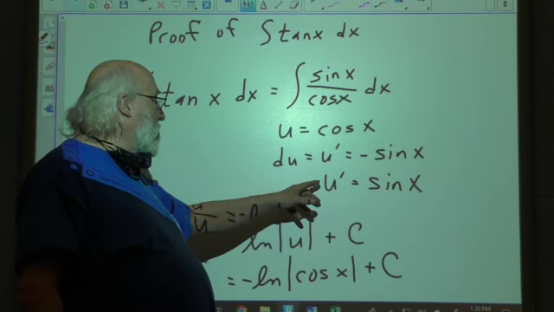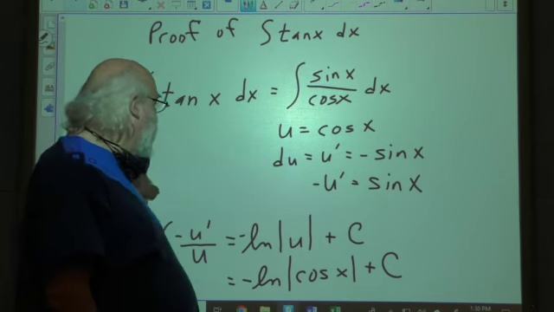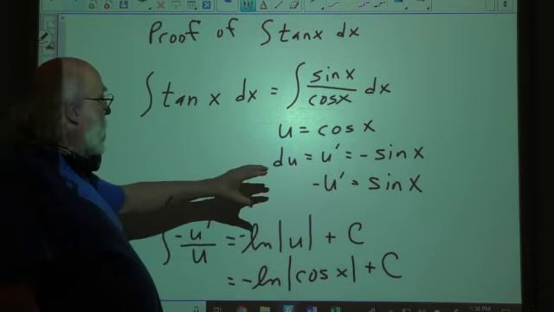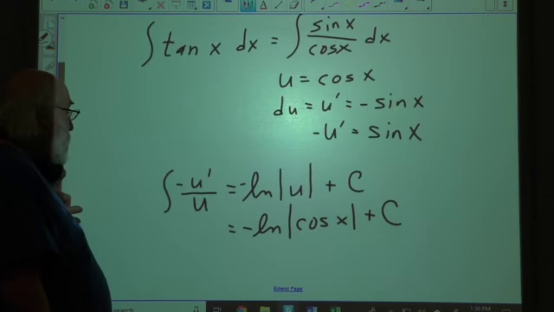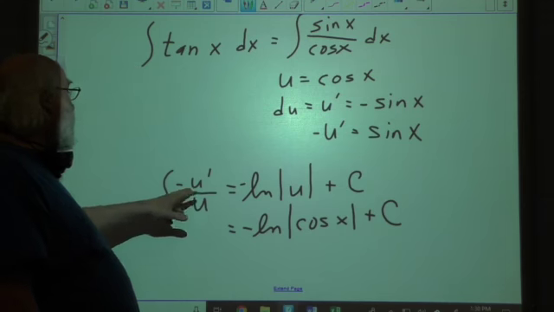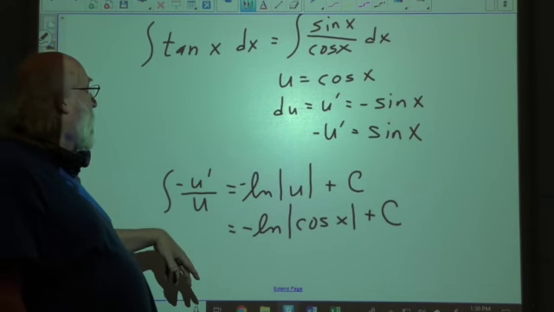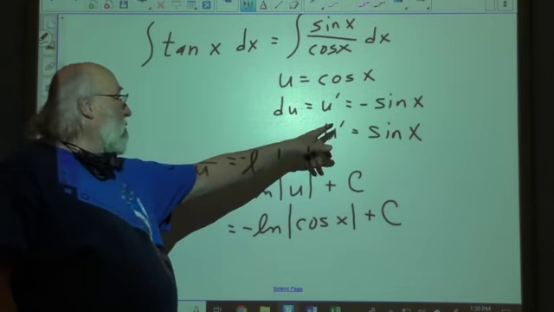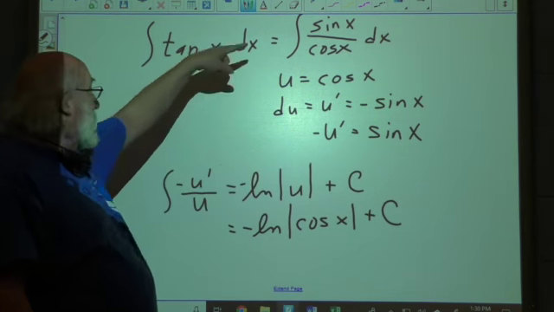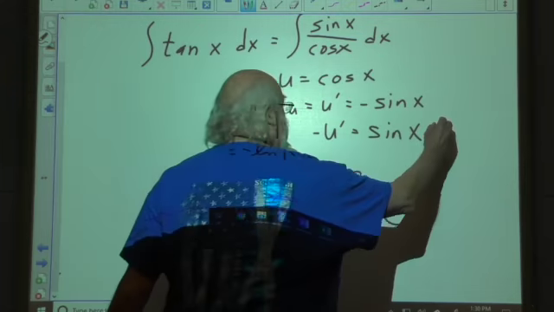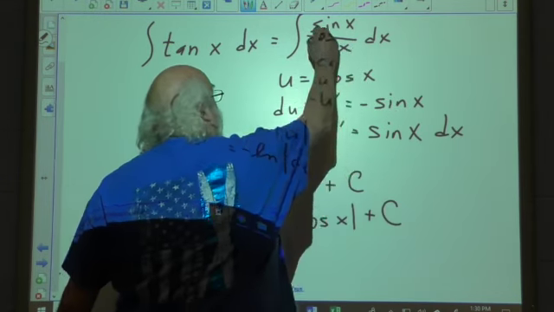And so negative du will be the positive sine of x dx. And so we're going to plug that in for du over u, only it's going to be negative du over u because sine of x dx is equal to negative du.